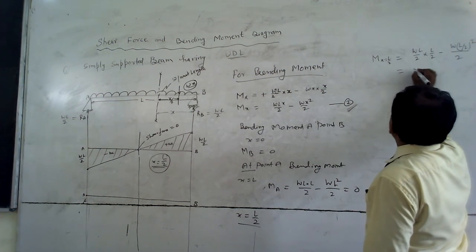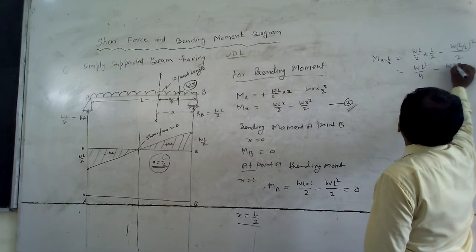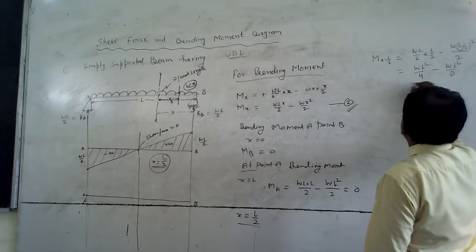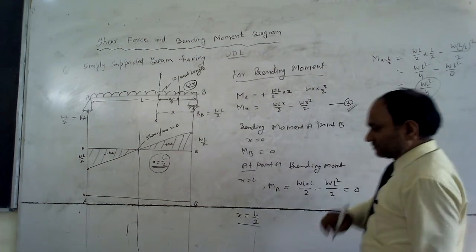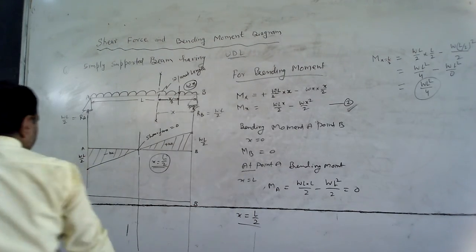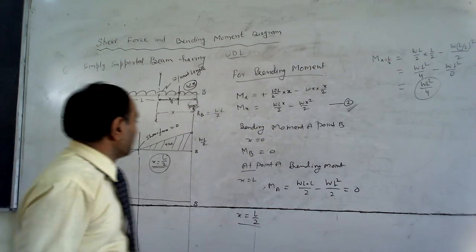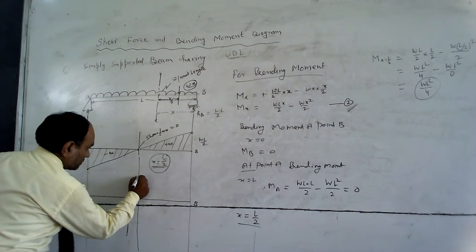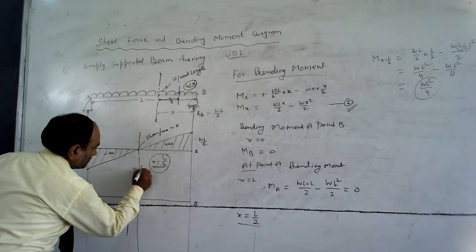It means WL square by 4 minus WL square by 8, that is WL square by 8. At this point, the value of bending moment is maximum.